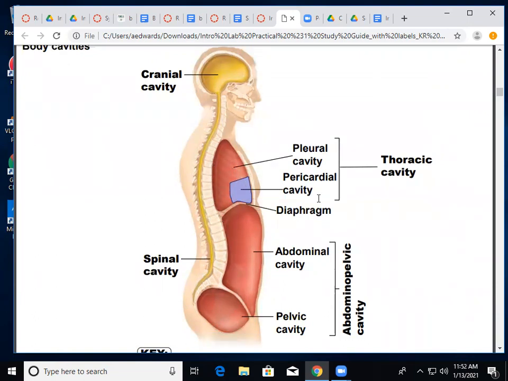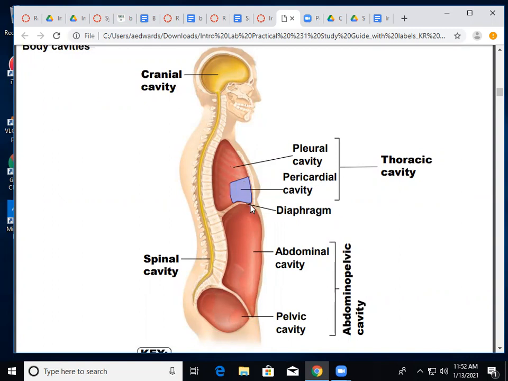And what are the two big organs in your chest? You think about it. In this part of your body, what are your two major organs on the inside? Your lungs and your heart, right? So we're going to divide the thoracic cavity into the pleural cavity, which houses the lungs, and the pericardial cavity, which houses the heart. Okay.